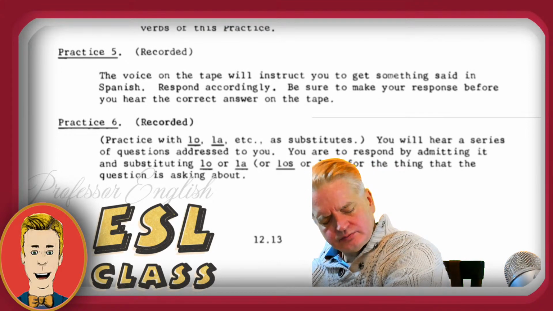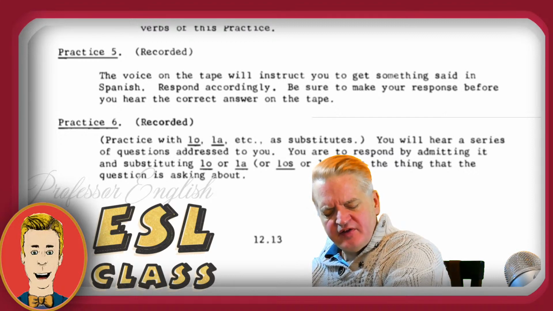Number 19. Tell me that Jose defended them, that is, Maria and Nora. José las defendió. Number 20. Tell me that Jose received them, that is, Maria and Nora.